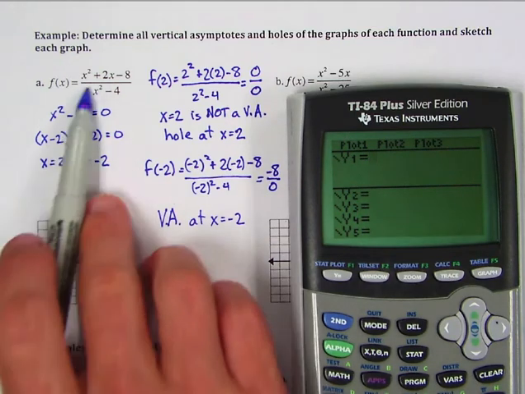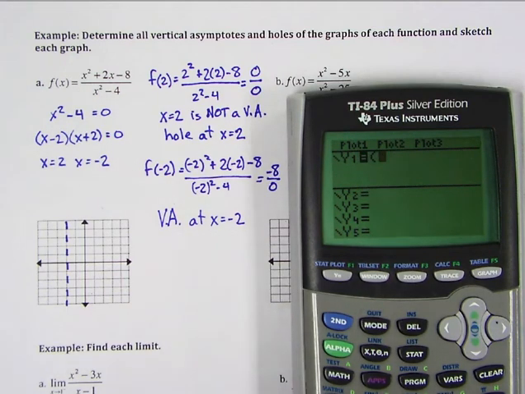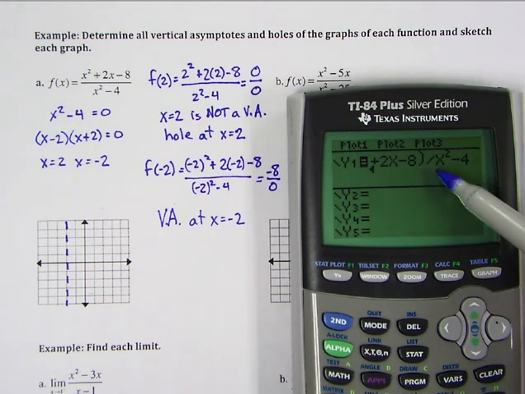Okay, polynomial on top, so parentheses. X squared plus 2x minus 8, close your parentheses, divided by x squared minus 4. Now I did this on purpose. I forgot to put parentheses. And what do you do if you did that?